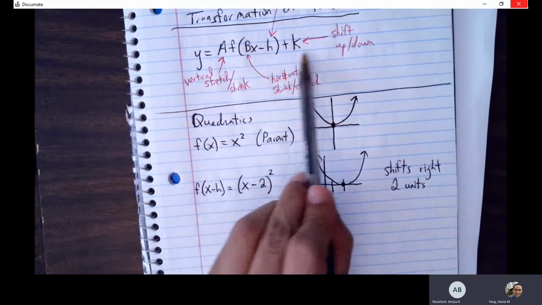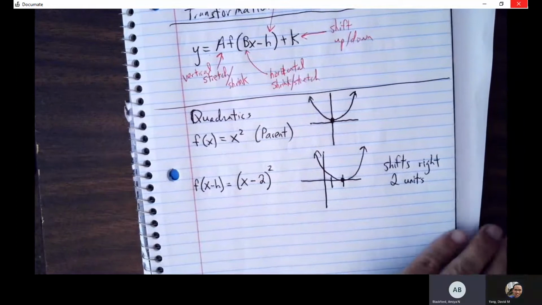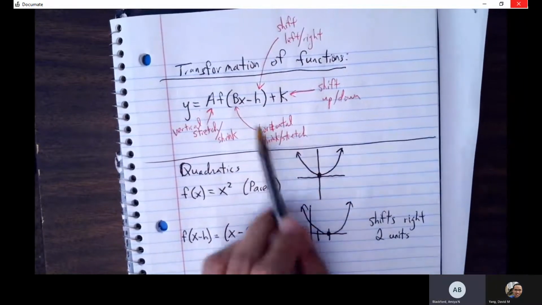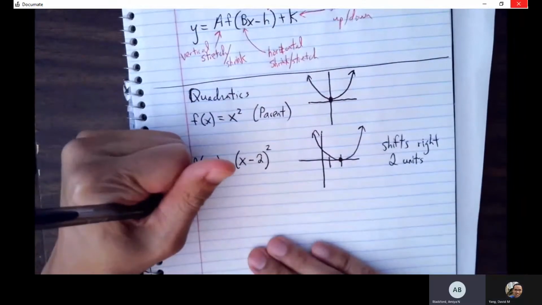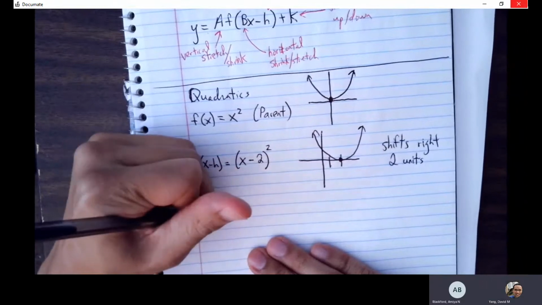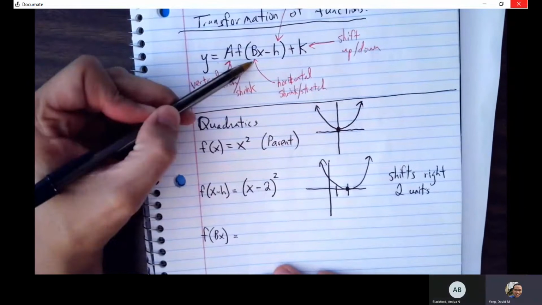So let's just do one more. Which one do you want to explore? BX, because I don't get that one at all. Okay. So the f of bx. What number do you want to choose for b? 3.